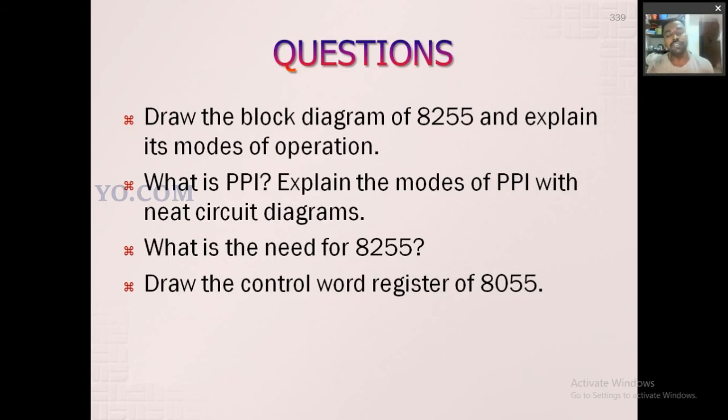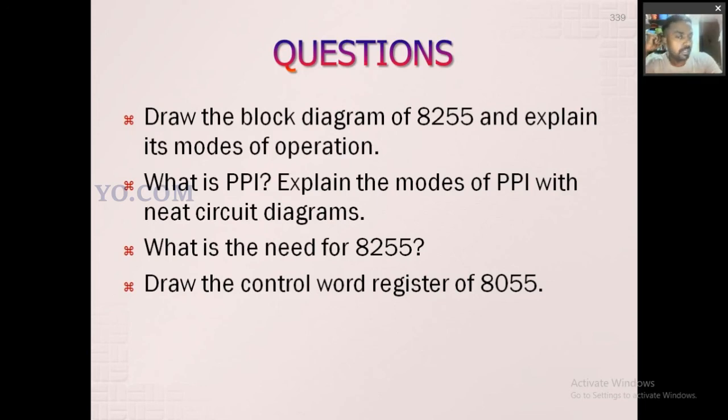Draw the control word register of the 8255. These are the different questions asked in previous semester examinations. The 8255 is a very important topic in the third unit, so most of the questions are asked on the 8255.